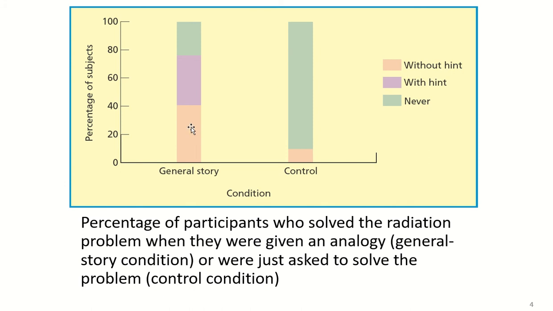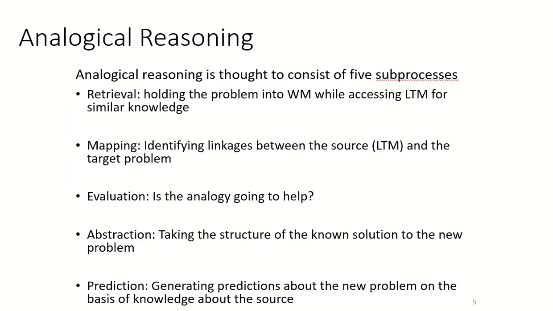But in the group that was given the general story, or the Manhattan story for that matter, you see that still a small percentage doesn't solve it, about 25% or so, but the other 75% ends up solving it either without a hint, which means for 40% of people they may actually have realized there was some sort of analogy going on, or another 40 or so percent after they're being told this may be an analogy that you can apply to the radiation problem. So you see here that analogies, when they're productive, can really help in problem solving.